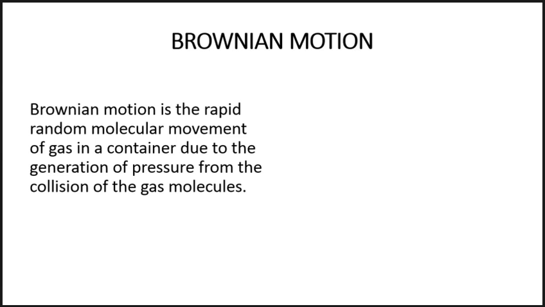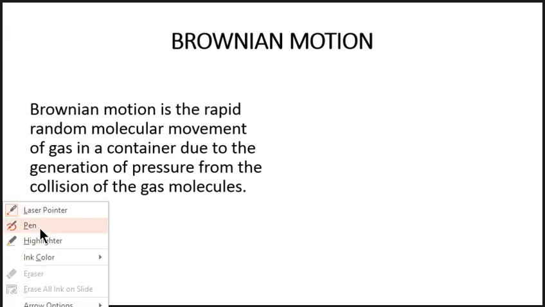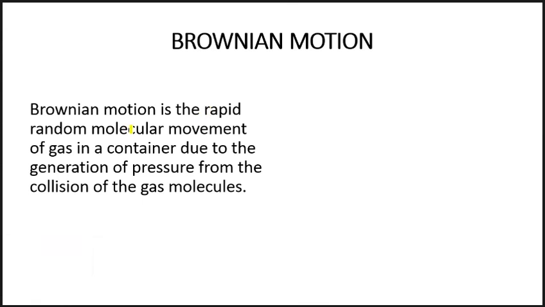There are key things there: the motion of the gas, what causes the motion, and the container. And the motion is simply a random motion, random molecular motion, and not just moving, but it moves rapidly. It's a rapid random motion.